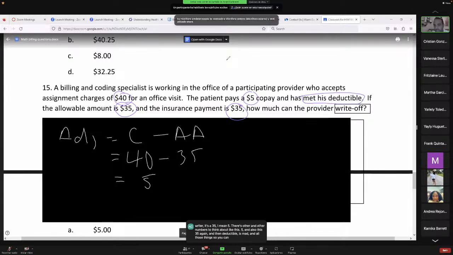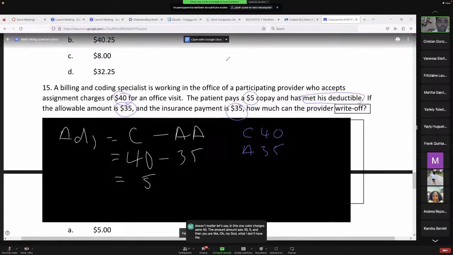Do the whole thing. You can put charges, okay, and it doesn't matter. Let's do it in this color. Charges were 40. The allowed amount was 35, and then you go, oh my god, but I don't have the deductible. Well, the deductible, it says that it's 0, and then, oh my god, I don't have the co-insurance.